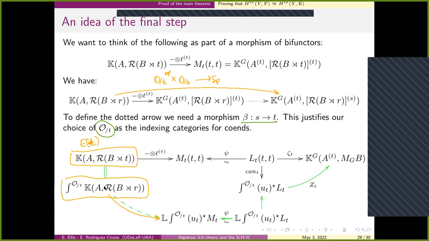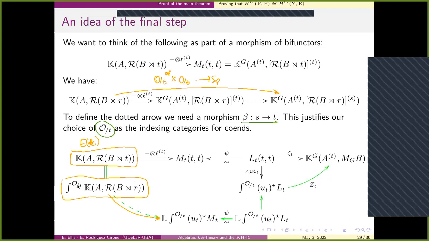And why are these two things weakly equivalent? Well, here we are taking the coend of a bifunctor that is constant in the contravariant variable, and such a coend is the colimit of the corresponding functor.